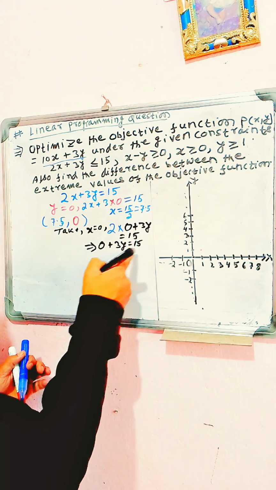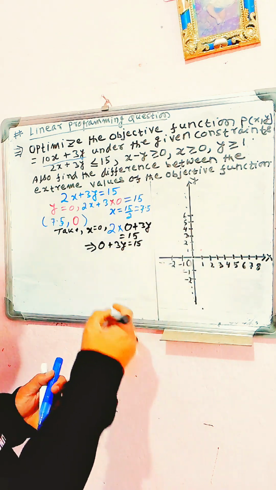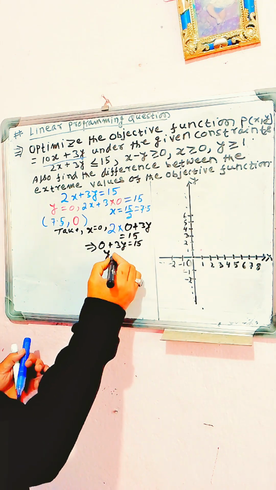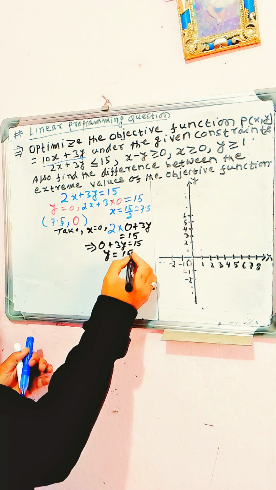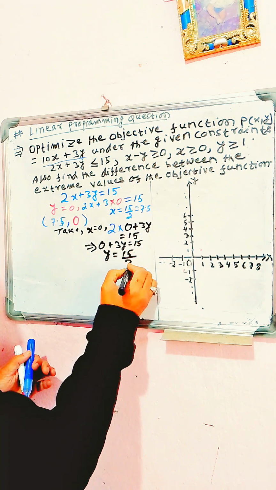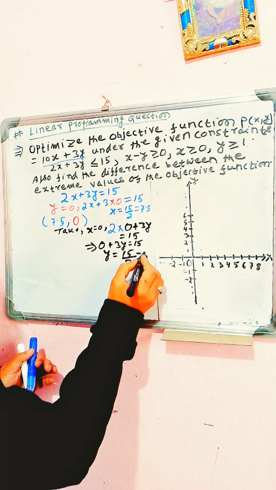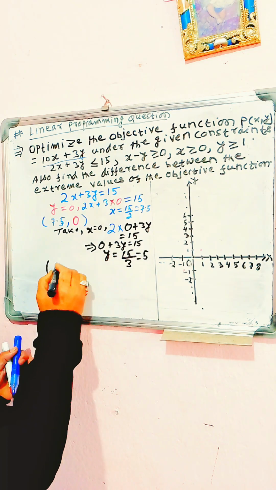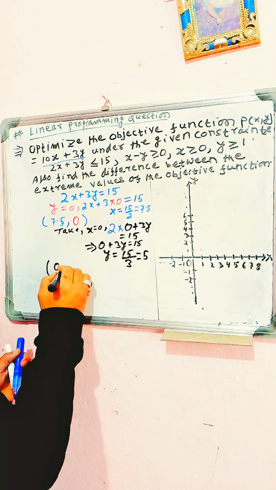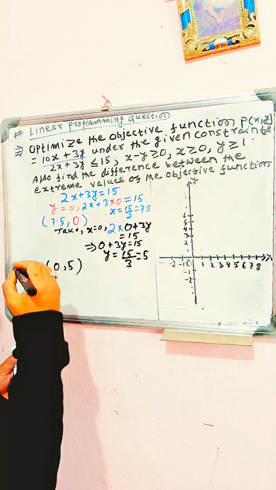When you transpose the 3 to the right side, you have y equals 15 by 3, and 15 divided by 3 is 5. So for x equal to 0, y is 5.